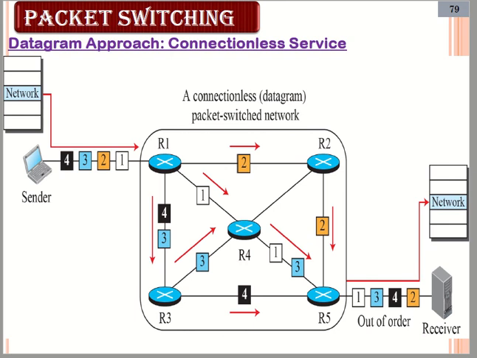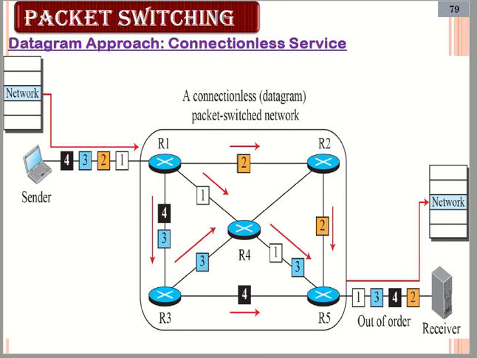So the network layer has to wait until it receives all the frames, and once they are received, it has to rearrange them in the same way they were received at the network layer of the sender from the transport layer.